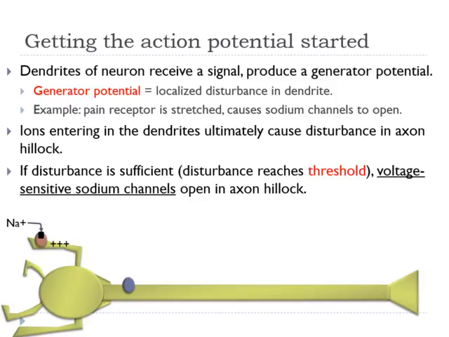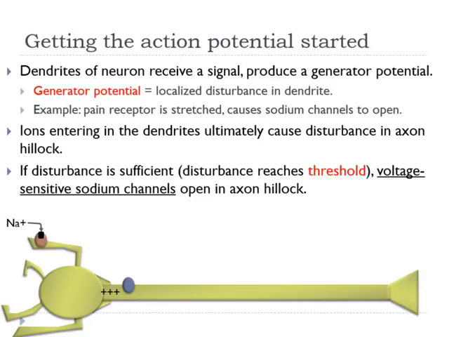But some of those positive ions that came in would literally diffuse their way down into the cell body, and then ultimately would start to enter into the region right at the beginning of the axon. This is what's referred to as the axon hillock. It's basically an offshoot of the cell body. This is where you start to find the very first special kind of channel that's present on axons, and these channels are called voltage-sensitive or voltage-gated sodium channels.